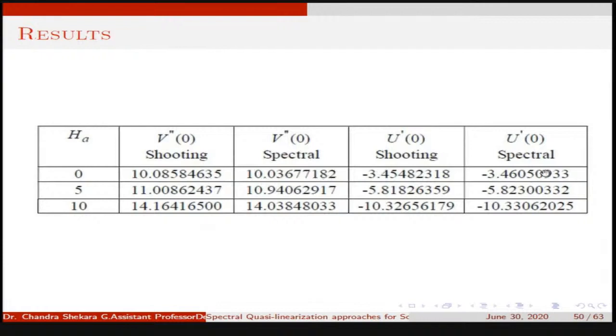This is for 0, and this is the u dash of 0. And this is for Hartmann number 5, and up to 7 to 8 decimal places the values are accurate, and this is for 10.